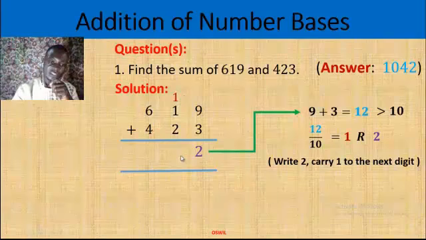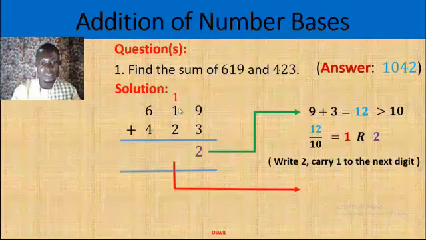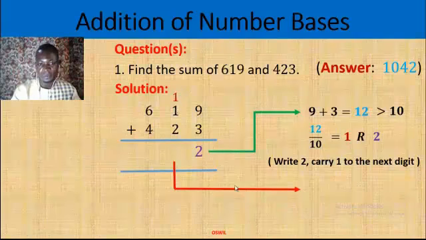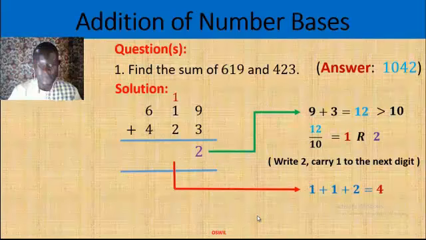Our next thing is to add all these digits here. Then we add the carry 1. So we have 1 plus 1 plus 2 giving us 4.